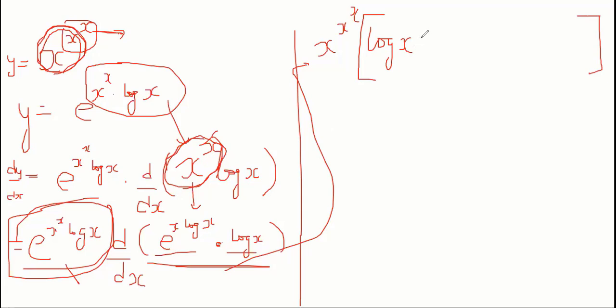So let me write in the d/dx form so that no confusion. d/dx of e^(x log x). और उसको बाद में करेंगे, but just to understand this. प्लस, इस बार u को ऐसे लिख दिया, e to the power x log x.